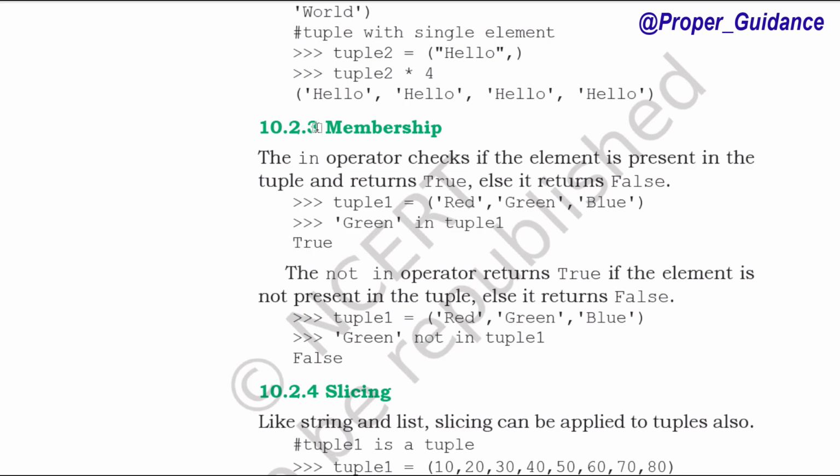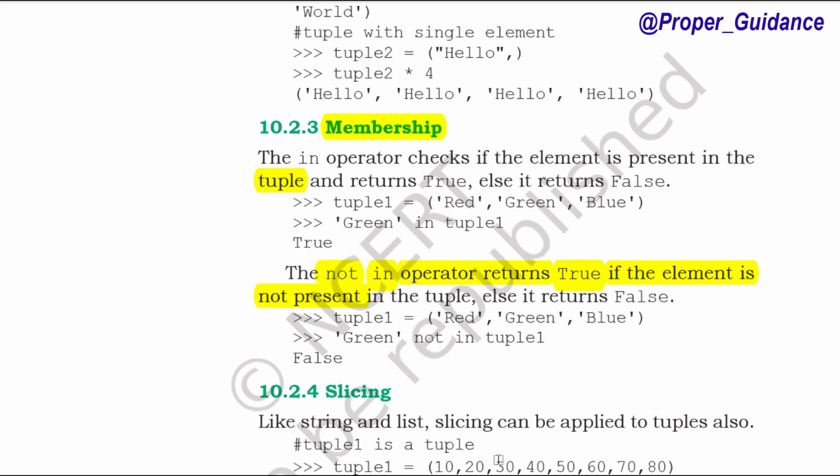Next, membership. As the name implies, the in operator checks if the element is present in the tuple. If present, it will return true, otherwise it will return false. The opposite is the not in operator. Not in operator means checking whether an element is not in the particular tuple.